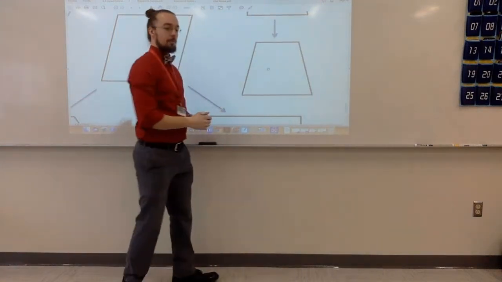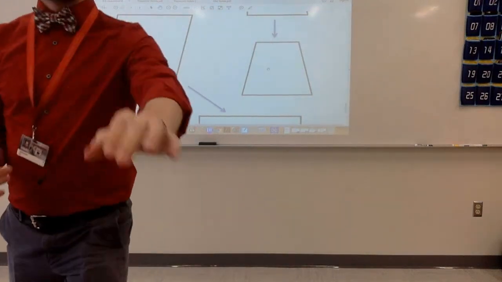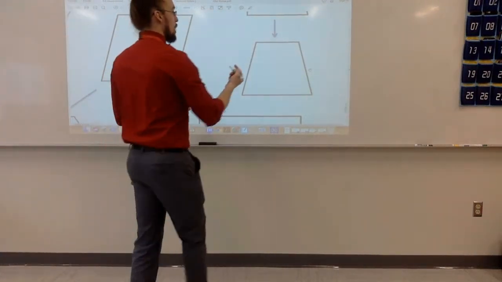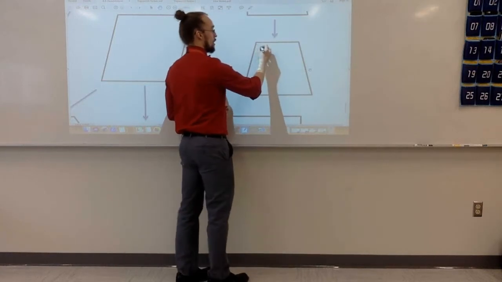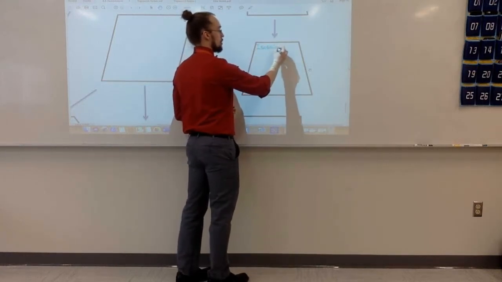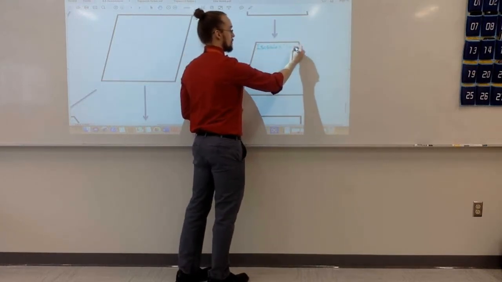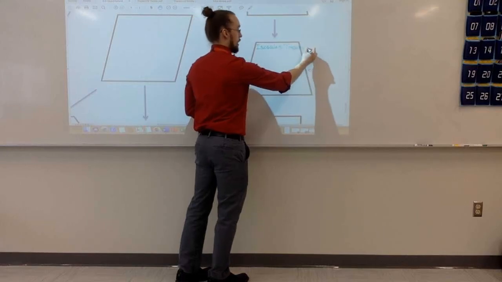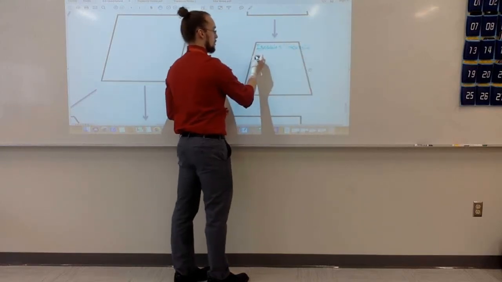So right below that, then, we have an isosceles trapezoid. So what additional properties did we have for an isosceles trapezoid? Diagonals are congruent. That was one of them.